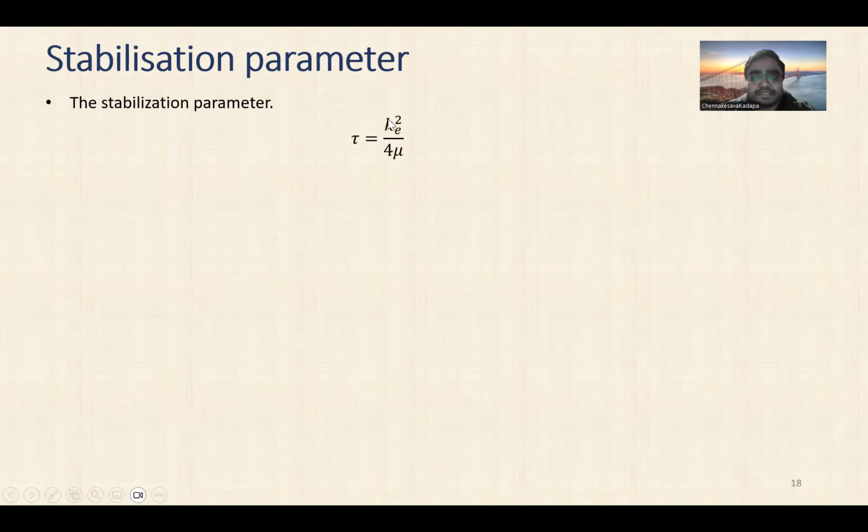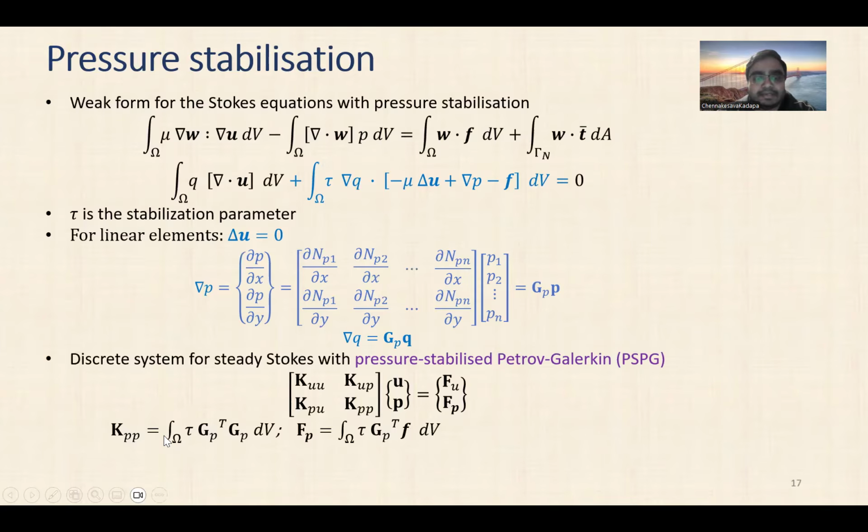The simplest one is He squared divided by 4 mu, where He is the characteristic length of the element and mu is our viscosity parameter. Now that we have already implemented the stiffness matrix for the same basis functions, we can simply go back and add this KPP and FP.